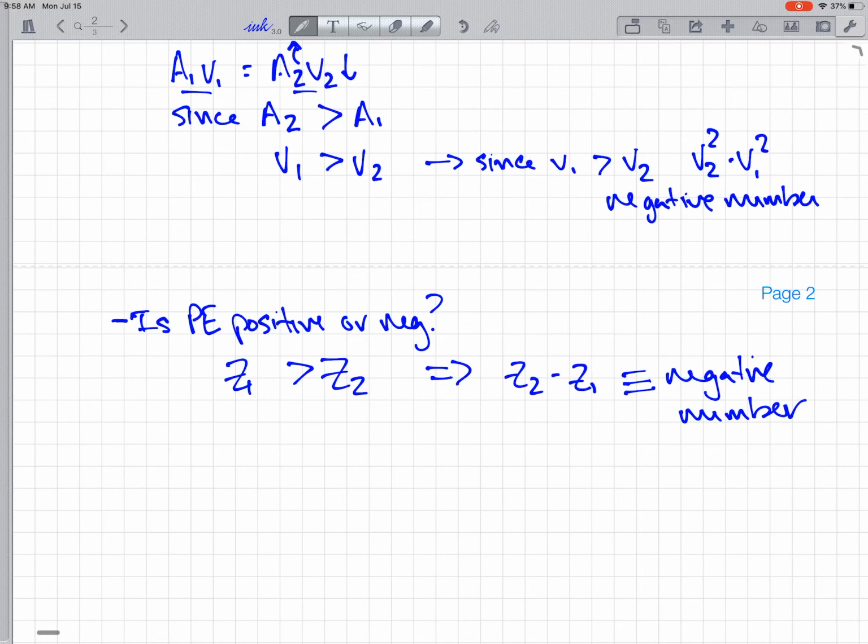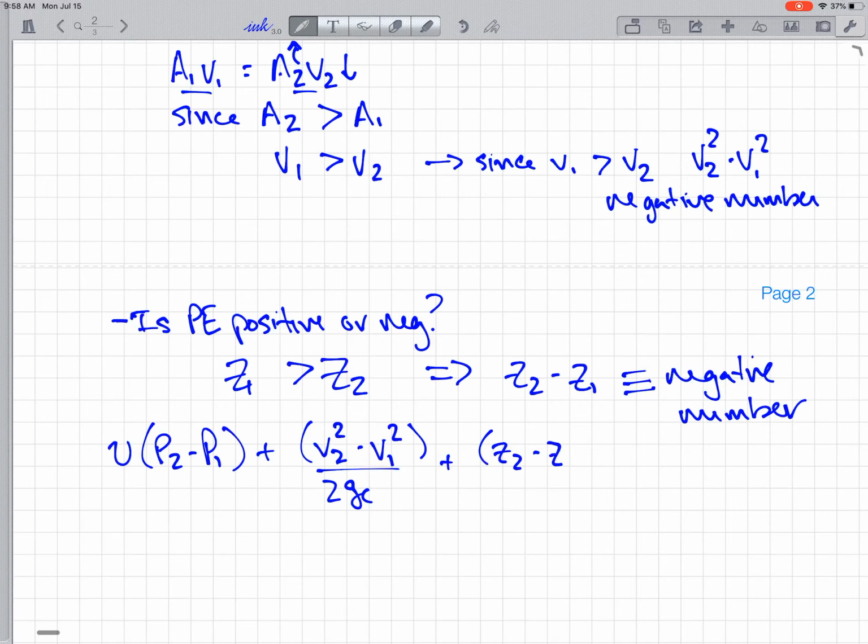So go back to this equation. Plus speed at 2 squared minus speed at 1 squared over 2 times g sub z, plus z2 minus z1 times g over g sub z, equals the head loss from point 2 to point 1.